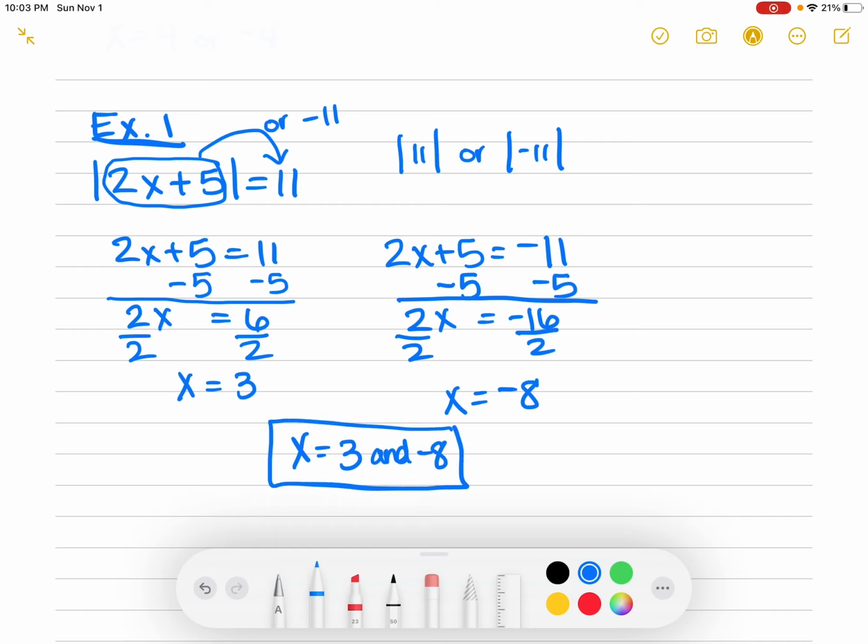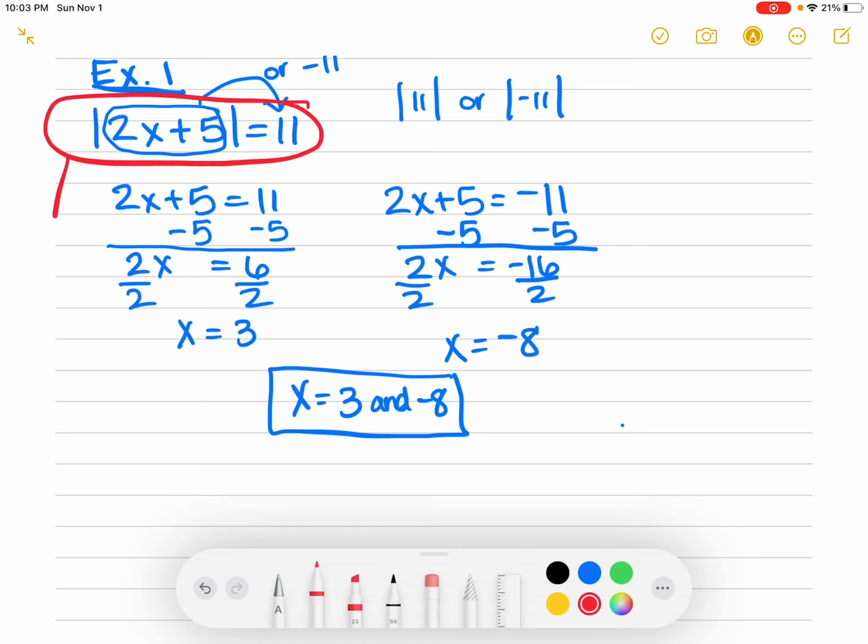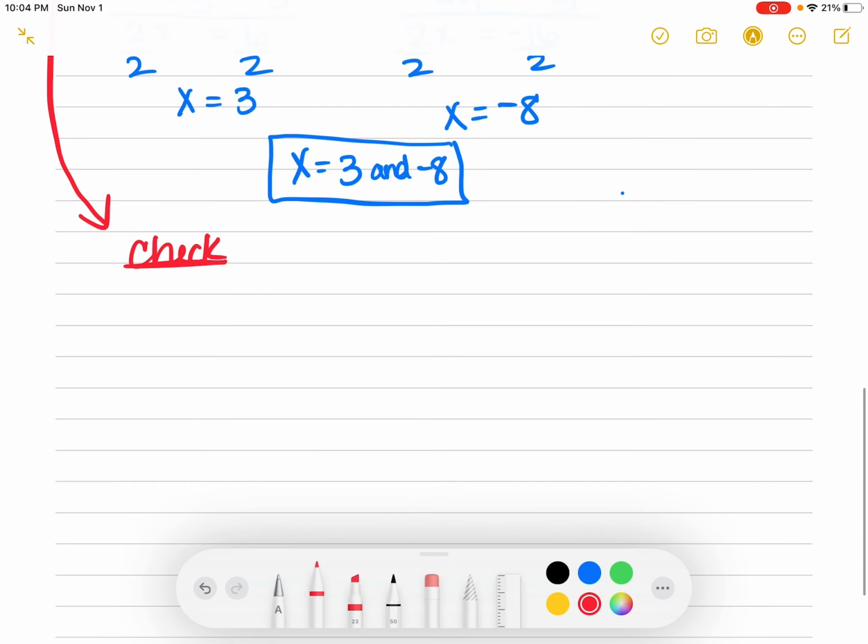So here's my answer. Now, you might be saying, well, I still don't understand why we get two answers. So let's check both of these answers and see if they work in the equation. My equation up here is what I'm going to check. Okay, so here's my check. I'm just going to write it down first so that we remember what it was.